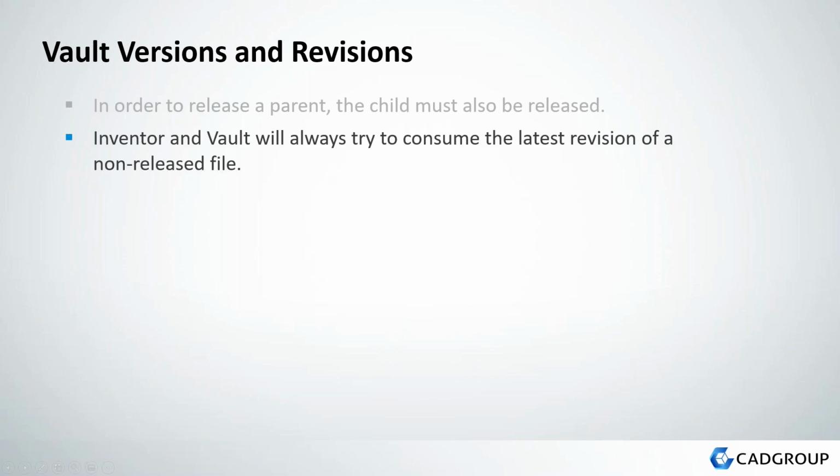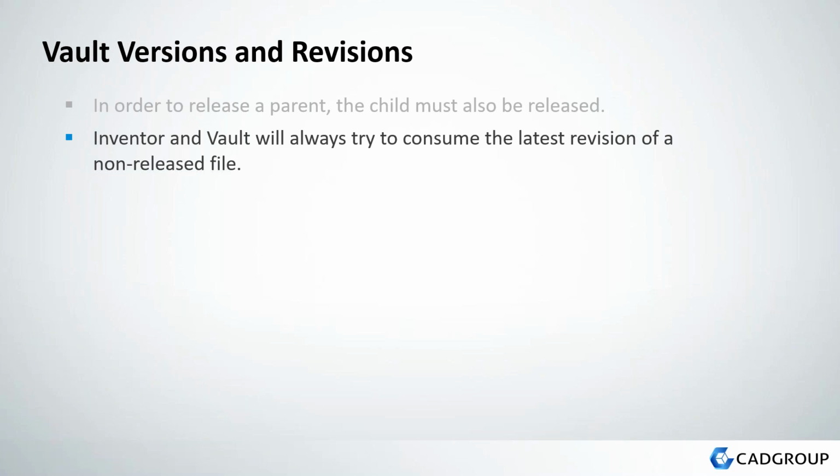Now, another nuance of Vault is that Inventor and Vault will always try to consume the latest revision and the latest version of a non-released file, right? Now, what does this mean?